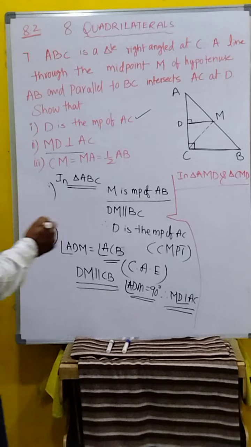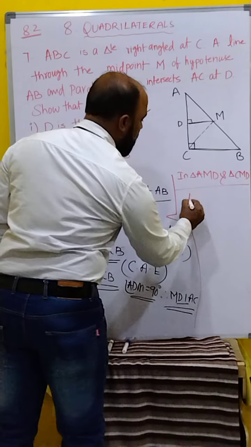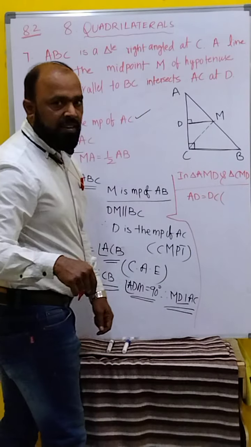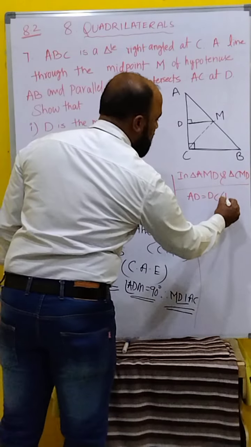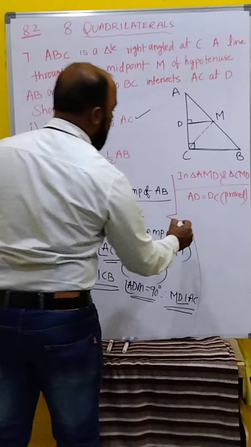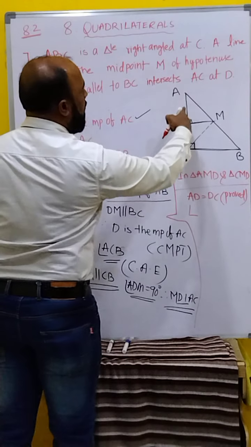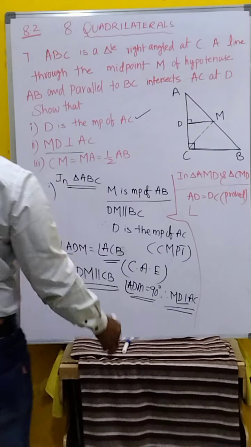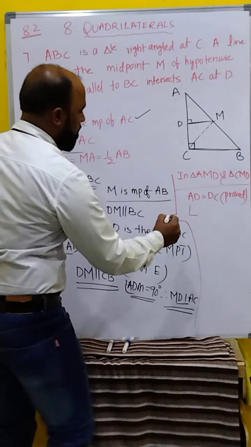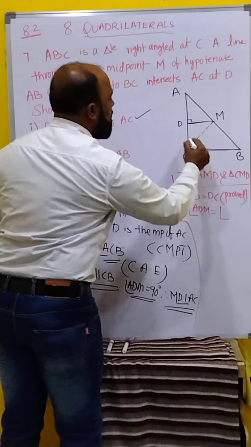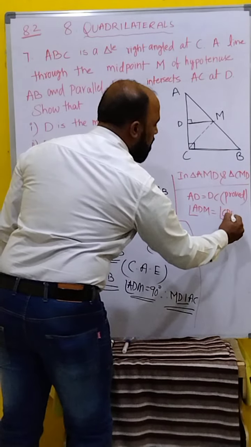First one given: AD is equal to DC. What is the reason? D is the midpoint. Already we proved it. Next one, angle ADM is equal to angle CDM. What is the reason? Both are 90 degrees.